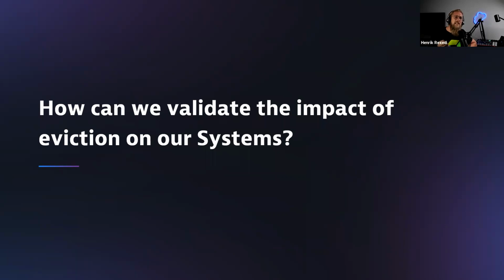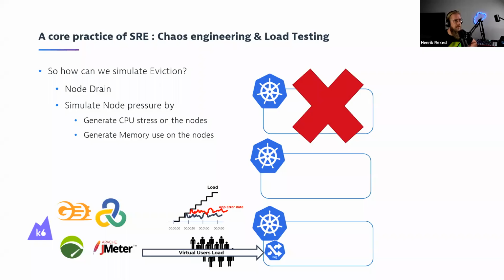But again, I don't want to implement that in my production environment without knowing the impact. And in case of an eviction, what is the consequence for my user? I want to make sure that I always provide a good quality of service to my user. So how can I do that? There is an awesome practice in the SRE space: chaos engineering and load testing, of course.